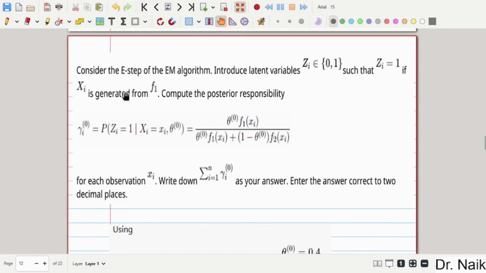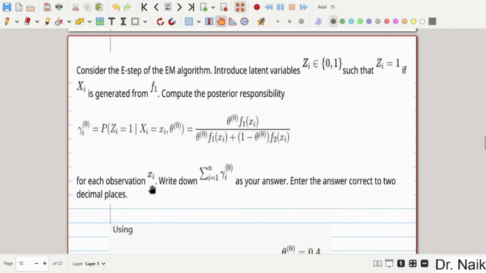Another sub-question is, consider the E step of the EM algorithm. Introduce a latent variable zi belonging to the set 0, 1 such that zi is equal to 1 if xi is generated from f1. Compute the posterior responsibility, gamma, theta superscript 0, and this is our formula for our posterior responsibility.